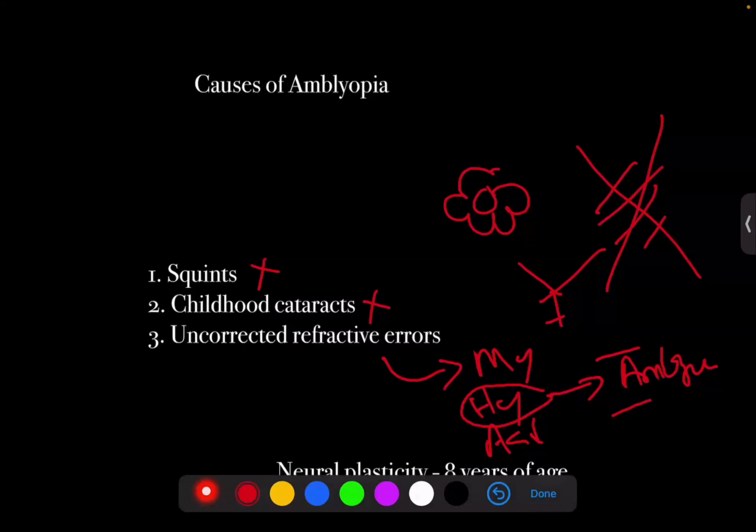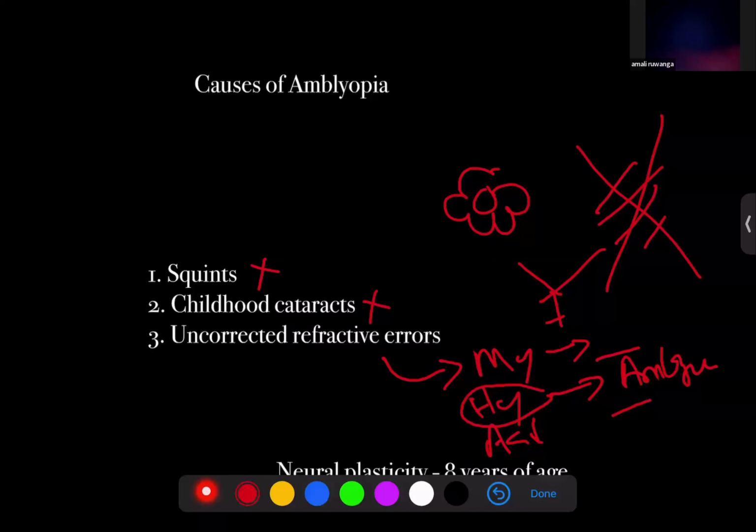And if you get myopia, at least they can see near. So if their near vision is not that bad and there's no huge myopic error, they might not go into amblyopia like hypermetropia. They might retain some of their vision. But of course, if the myopia is very large, then it will not be able to retain the vision and will go into amblyopia.